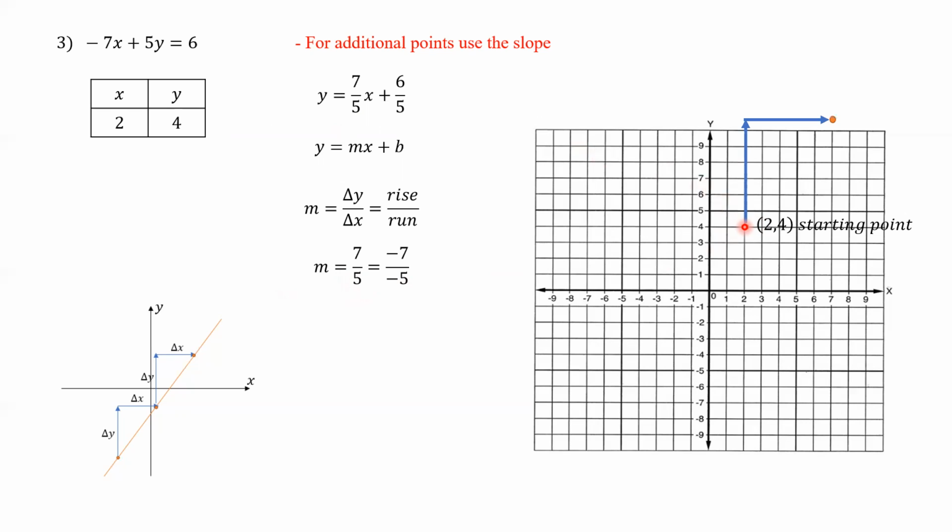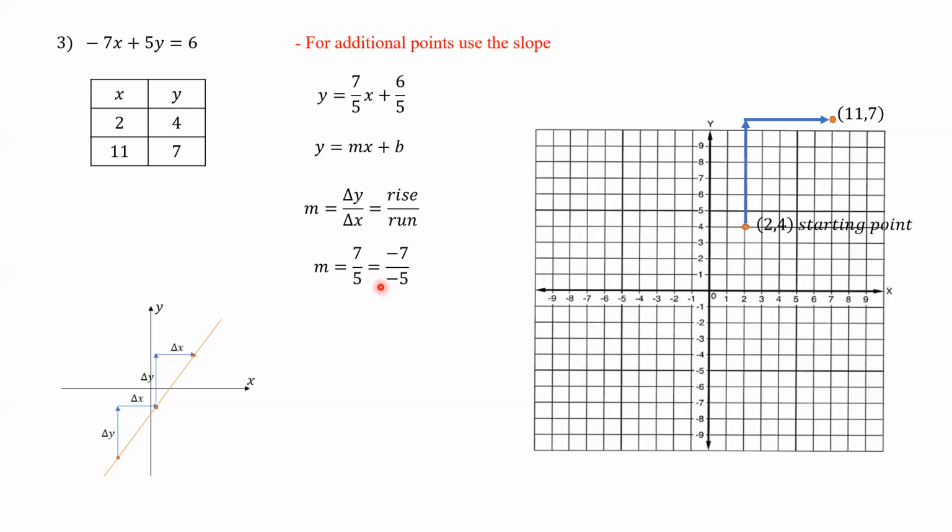So this is my additional point with coordinates (7, 11). However, that point is outside of the boundaries of my graphing paper. Then I will find additional points that would be within the boundaries of my graphing paper.